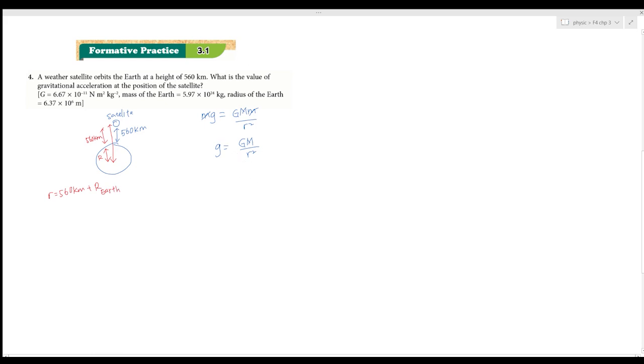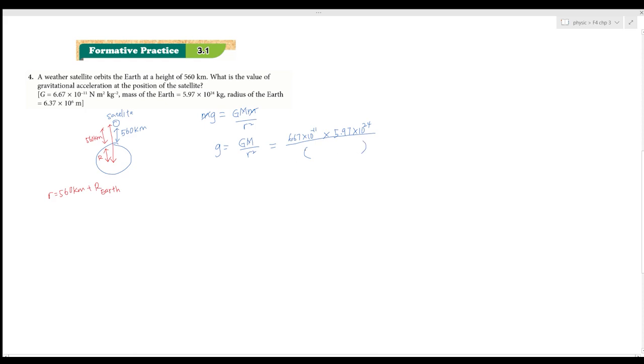Now we can substitute in all the values. Our gravitational acceleration, okay, gravitational constant, the capital M is the mass of the Earth. So divide by the distance.